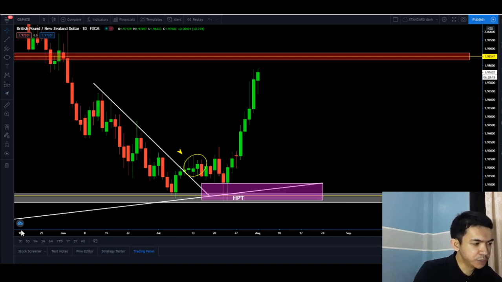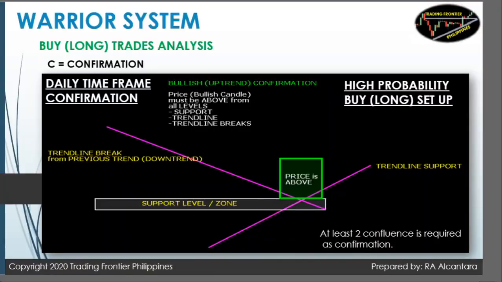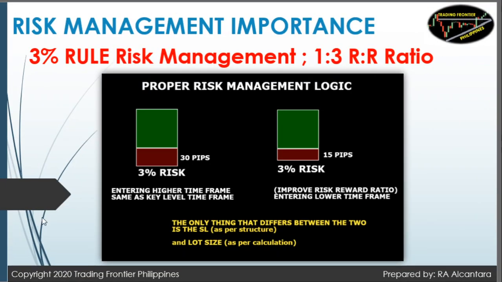Back to a simple logic, I'll just show you guys a recall. Remember this: in order for you to maximize or improve your risk reward ratio, you have to go to a much lower time frame. So that's the proper risk management logic, meaning I can still have my risk percentage or appetite fixed.